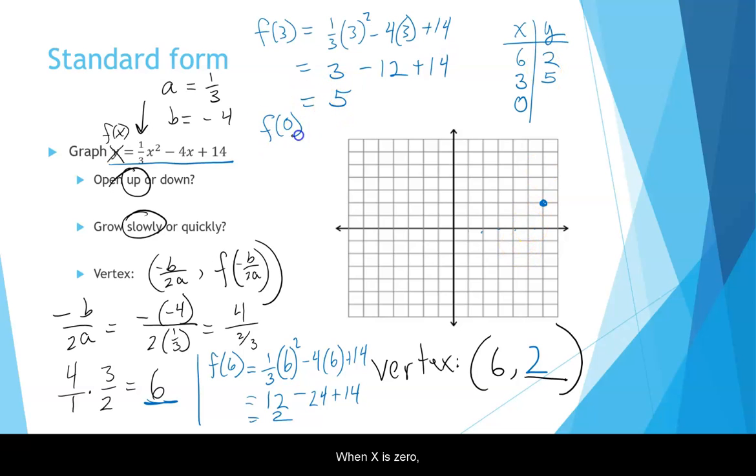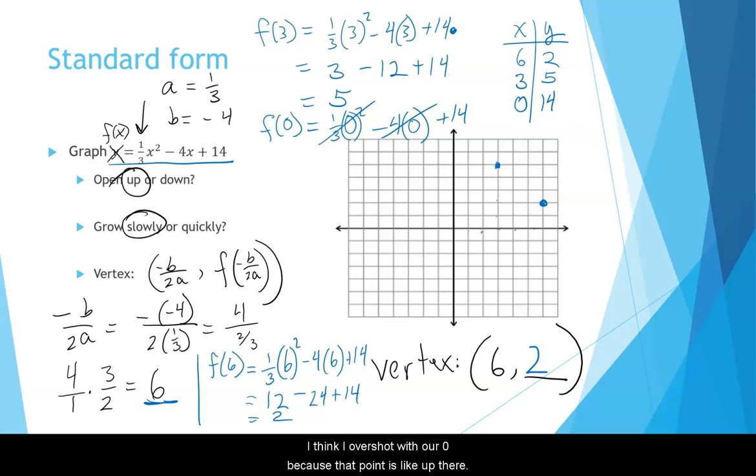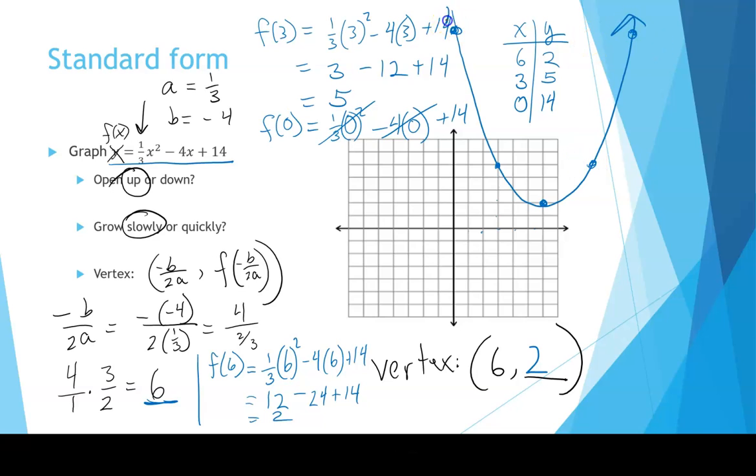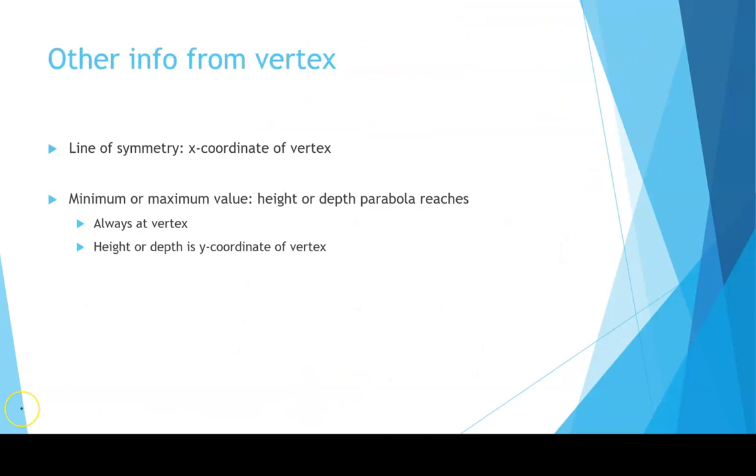When x is 0, 1/3 of 0 squared is 0, minus 4 times 0 is 0, plus 14. Plotting these points, I think I overshot with our 0 because that point is up there. But we can see roughly what this equation is going to look like. It's like that.